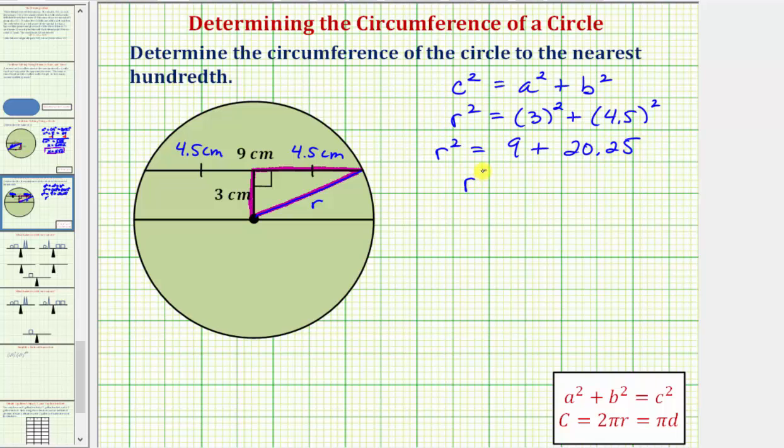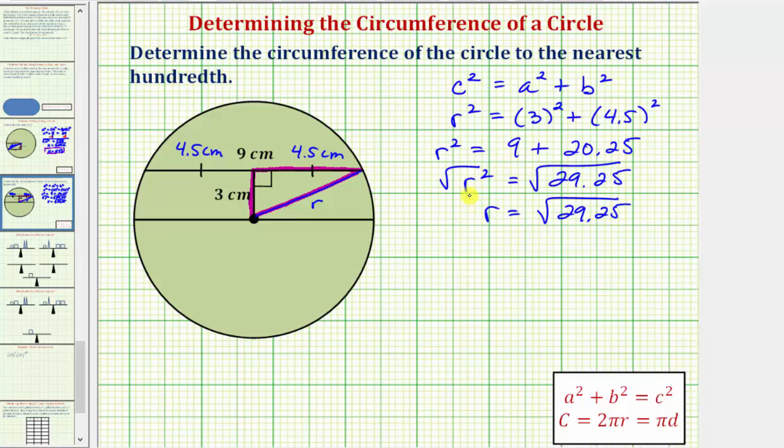So we have r squared equals 29.25. Now algebraically, we would have both a positive and negative solution for r, but because r is a length, we're only concerned about the positive solution, so we'll take the principal square root of both sides, which gives us r equals the square root of 29.25.